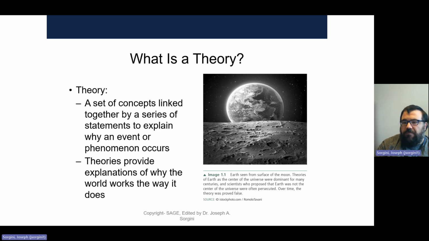Now, if you've never looked at theory in terms of its definition, there's one for you. What it really shows us is not necessarily a concrete reason why something occurs, but a possible reason why something occurs. In criminology, we don't like to use our theories as concrete definitions or reasoning as to why something occurs because of the past.